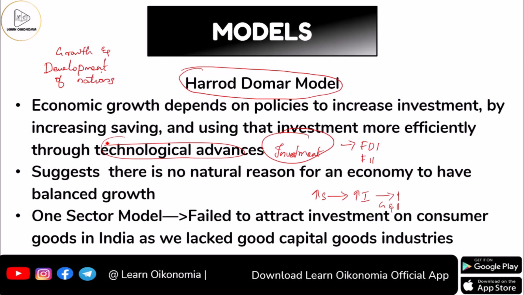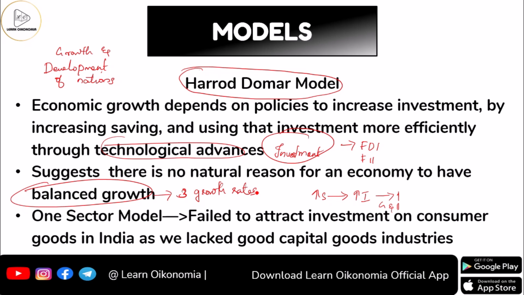Also the model suggests that there exist no natural reasons for an economy to have balanced growth. If you remember, the model was telling about three different growth rates: the actual growth rate, the warranted growth rate, and the natural growth rate. Again, the explanation is given in the video I mentioned earlier. Also, it's a kind of one-sector growth model.